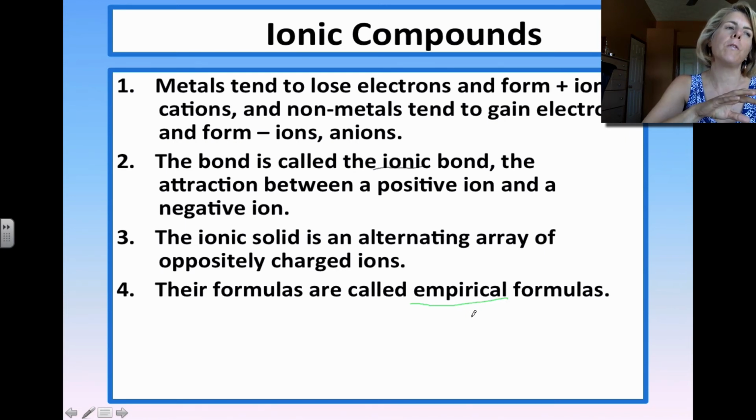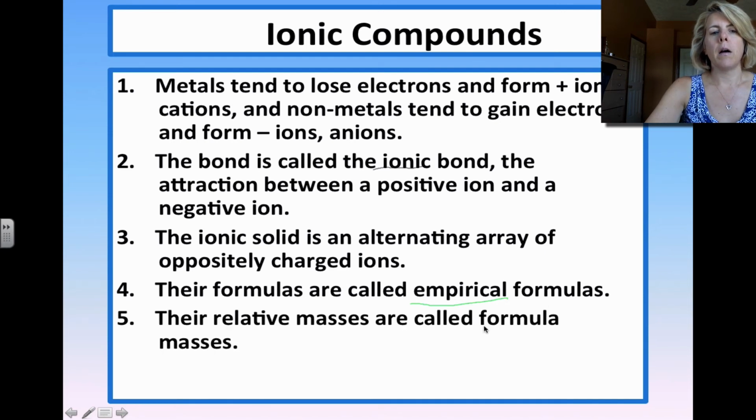So when we talk about covalent bonds, we're going to talk about molecules. Instead, with ionic compounds, we're talking about empirical formulas, and it'll make more sense in a little bit. When we look at their masses, we call them formula masses because it's hard to cut out a discrete unit of an ionic compound. They're kind of like alternating patterns. So we look at the formula mass, the lowest common denominator.